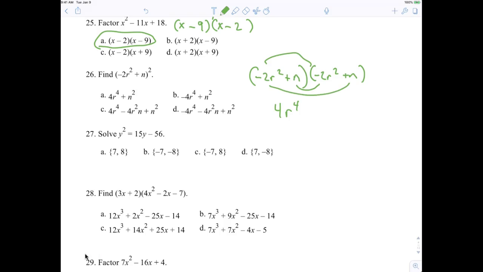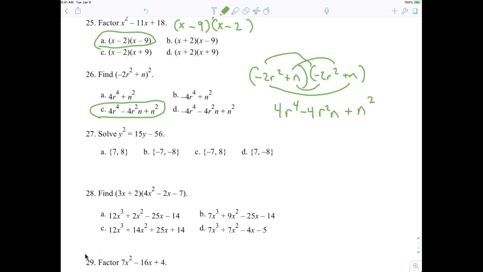Negative 2. So that's going to give me negative 4, and then it would be r squared n, and then multiplying gives me a positive n squared. So somebody tell me that answer then is what? C. Looks like C. All right, anybody have any questions? Hopefully this is all coming back to you.